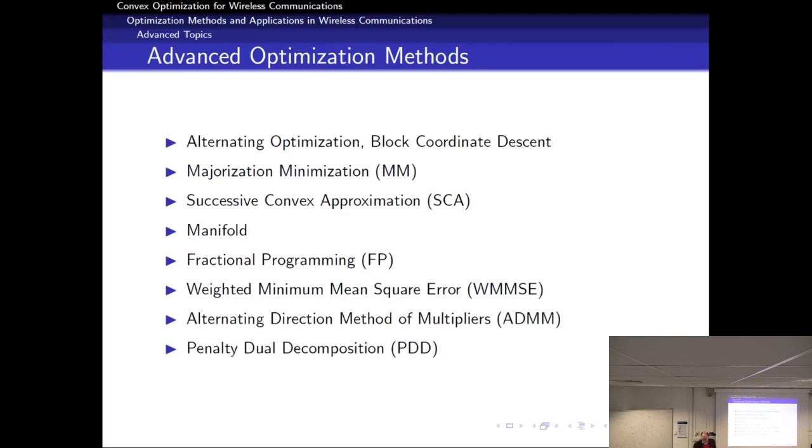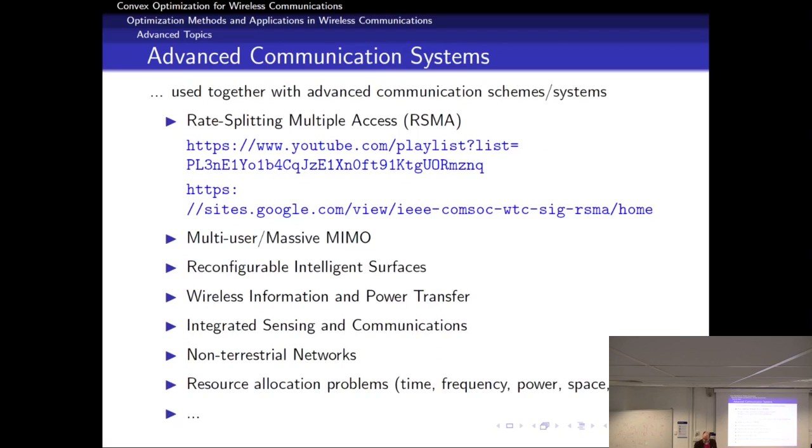Advanced methods. And there are many things that you could do together with advanced communication systems, such as rate splitting multiple access. So this is one of the techniques that we pioneered in the past few years for very high efficiency and flexibility in communication system design and interference management. And this relies on very advanced optimization techniques.